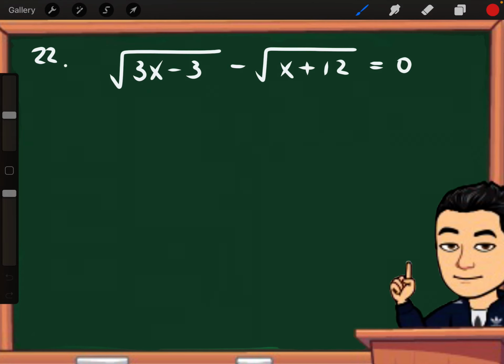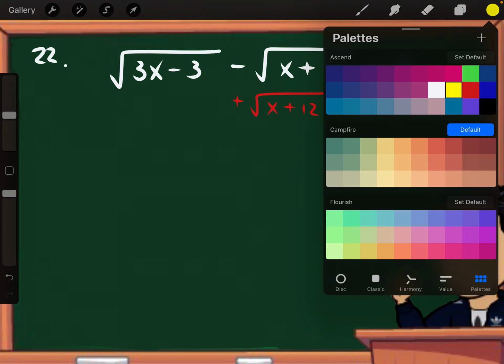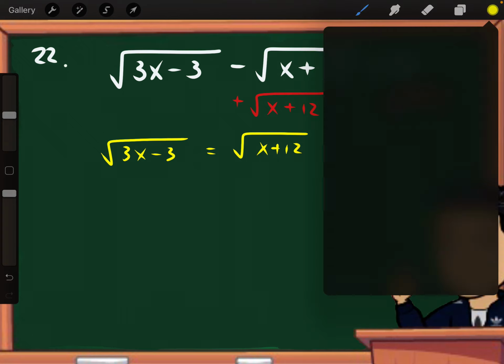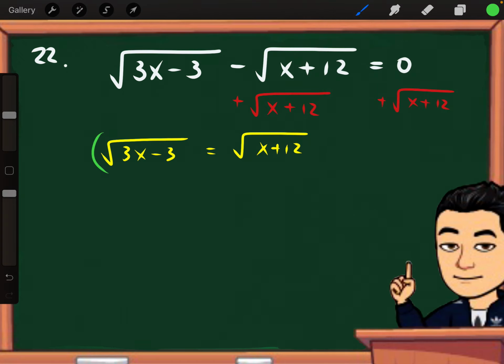All right, so here, this is an easy one. All you need to do is go ahead and add the square root of x plus 12 on both sides. Okay, what that does is you're going to have square root of 3x minus 3 equals positive square root of x plus 12. So here, you can just go ahead and square both sides, right?